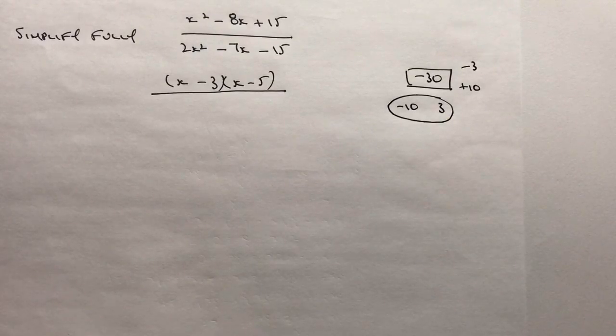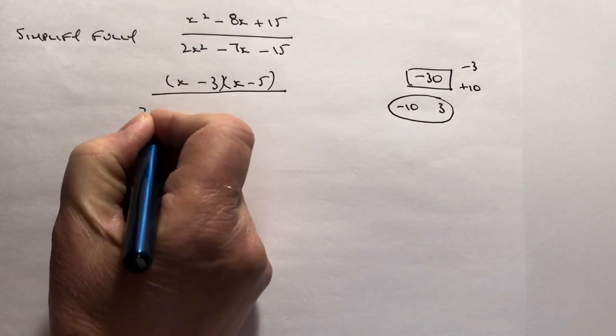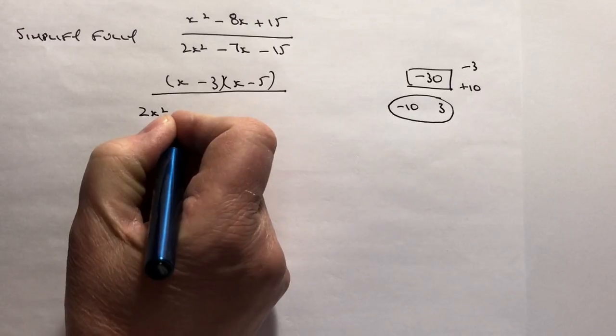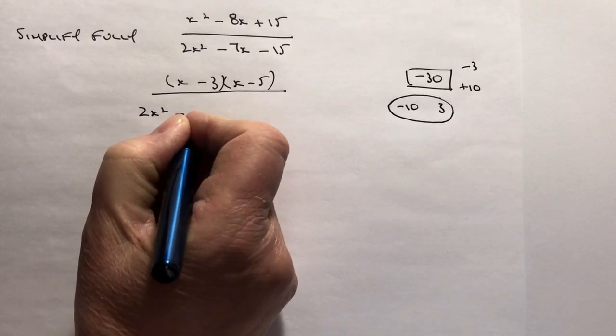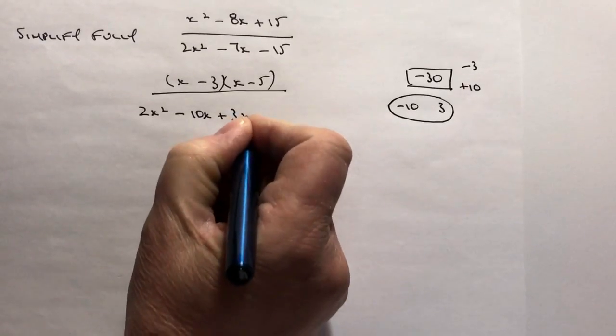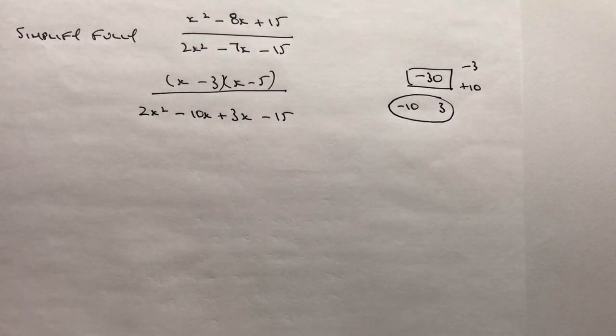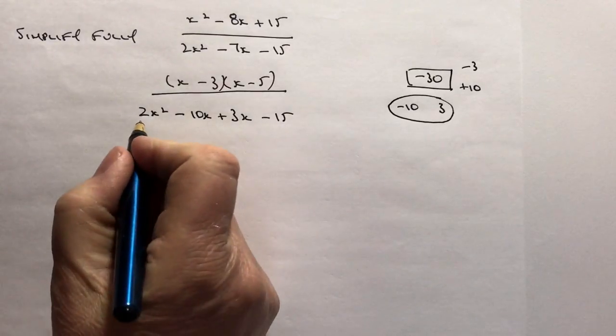And then what I do is I rewrite the expression at the bottom as 2x squared minus 10x plus 3x minus 15. So I've achieved exactly the same, I've just written it in a slightly different way. Then I factorise the two sets together.